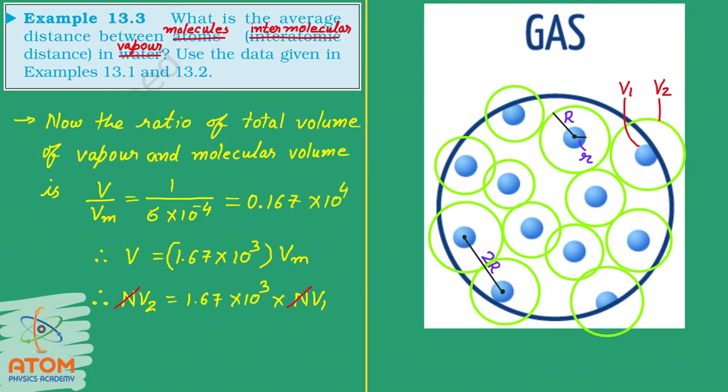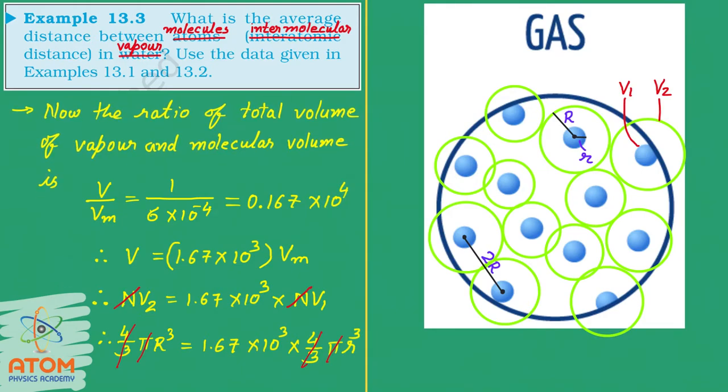So I am putting that equation here. We get 4 by 3 pi capital R cube is equal to 1.67 into 10 raised to 3 multiplied by 4 by 3 pi small r cube. Obviously here too the 4 by 3 and pi will cancel out, and for getting R we have to take the cube root of 1.67 into 10 raised to 3.